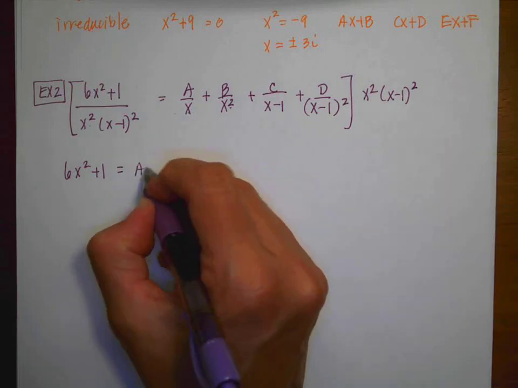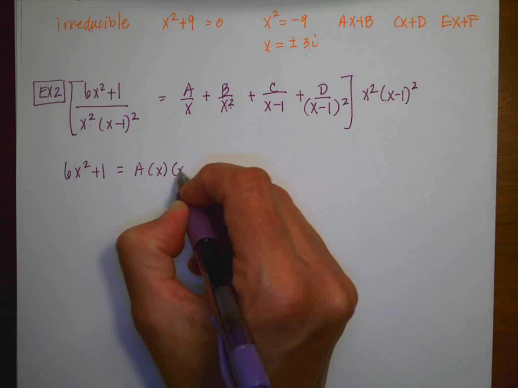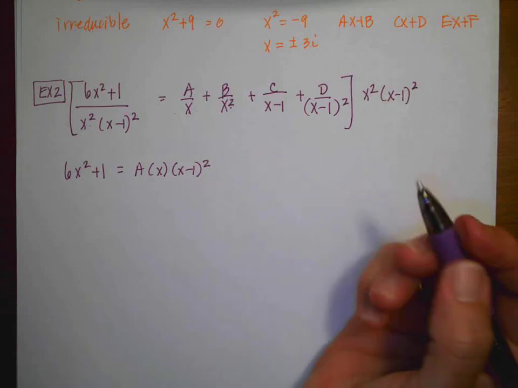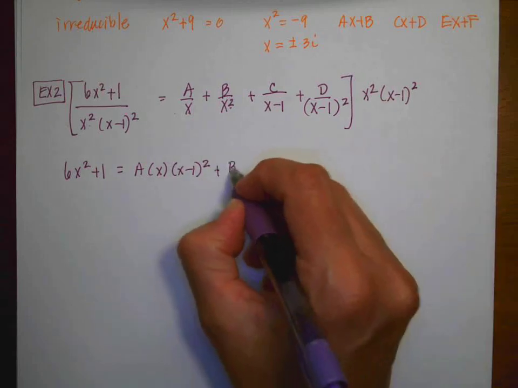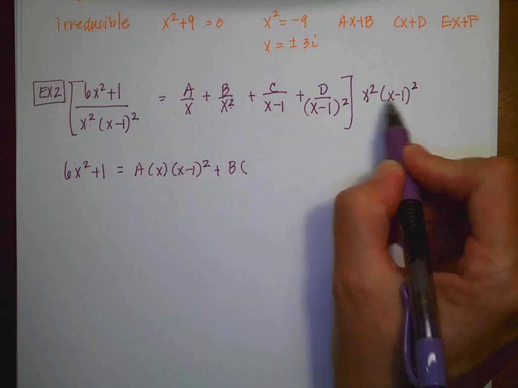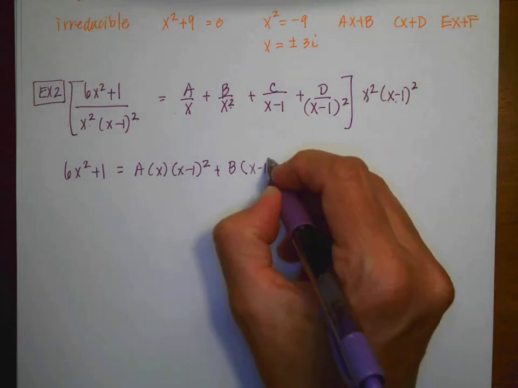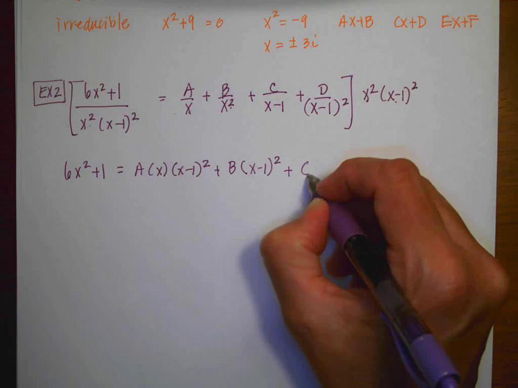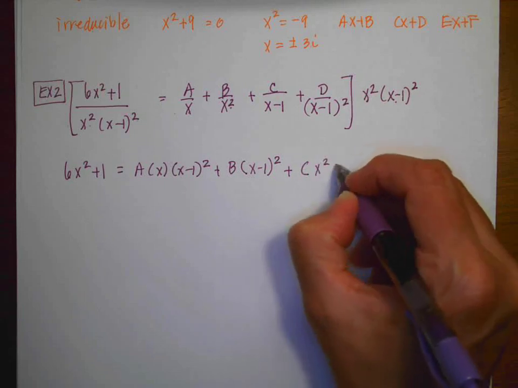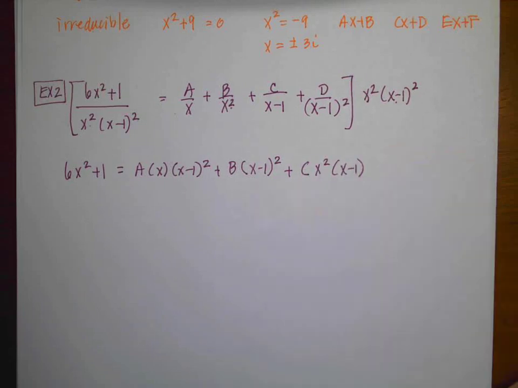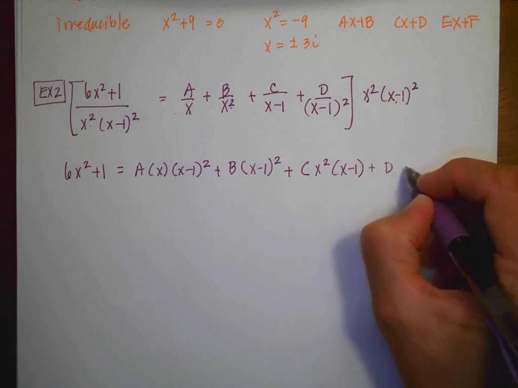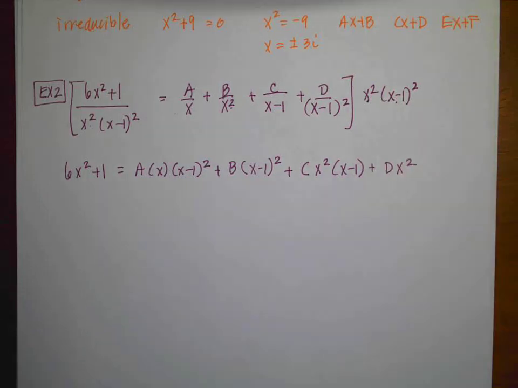The a has one of these, so the a is going to be multiplied by an x minus 1 squared. The b has these two, it needs these two, x minus 1 squared. The c is going to get multiplied by x squared and 1 of those. And then the d is going to get multiplied by the x squared.